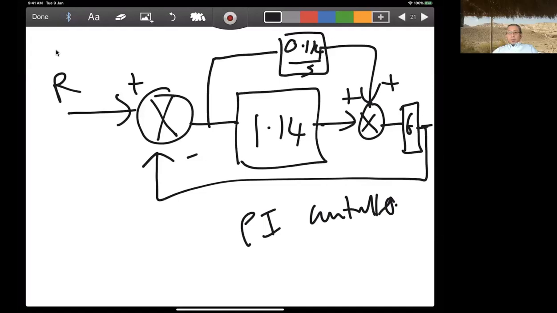Is there any questions? Any questions? Prof, can you return to the steps that found out the closed-loop dominant poles?